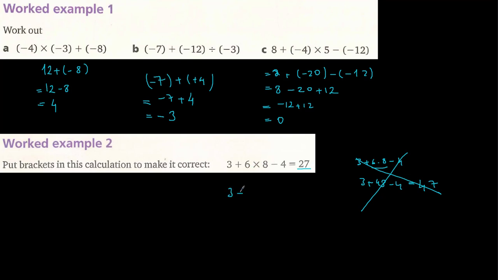Okay, here we have 3 plus 6 times 8 minus 4, which is equal to 3 plus 6 times 4, then 3 plus 24, and that's equal to 27. So the correct place for the parentheses, here it is. Okay, then let's continue.